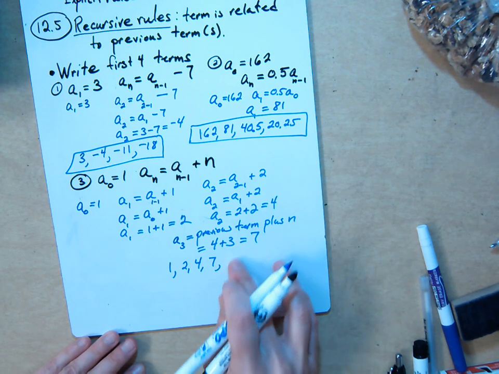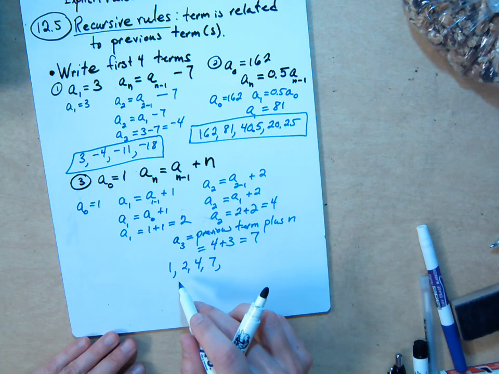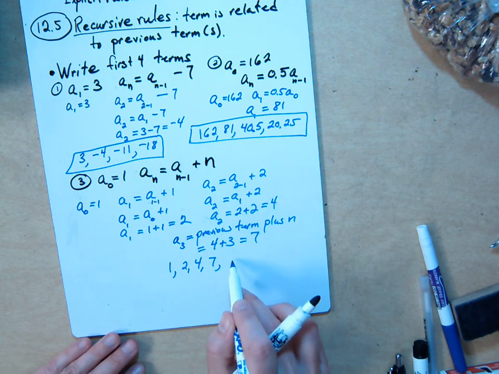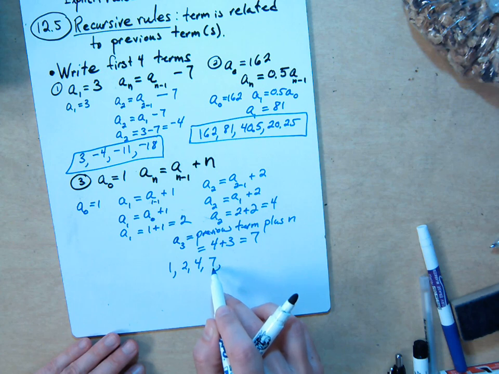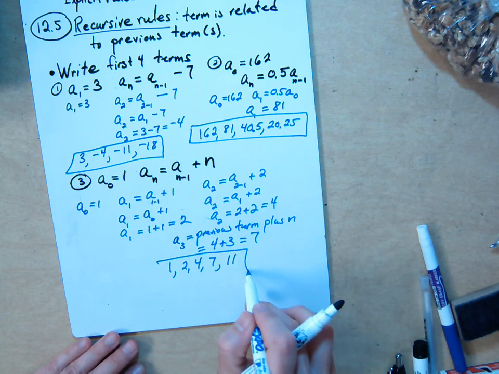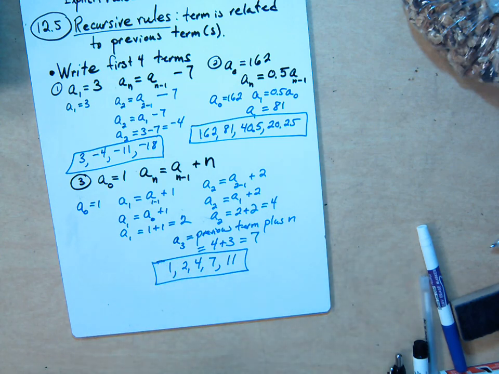No, 4, right? Yeah. Previous term, because this is a sub 0, 1, 2, 3, 4. This is a sub 4, would be previous term plus 4, which would be 11. Yes. Good. Very good. Okay. And if you're not sure, then just plug it in explicitly.